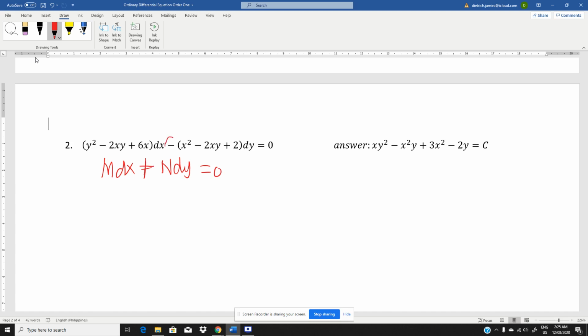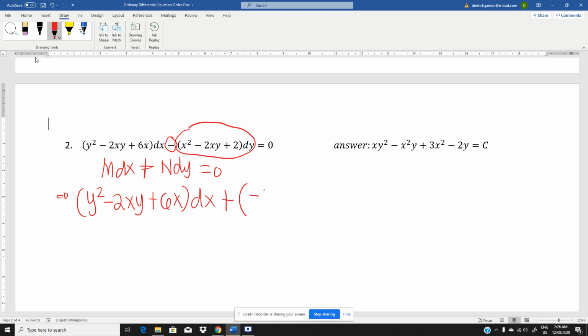So first we have to distribute the negative sign to this term. So we will have y squared minus 2xy plus 6x dx plus the quantity negative x squared plus 2xy minus 2 dy is equal to 0.